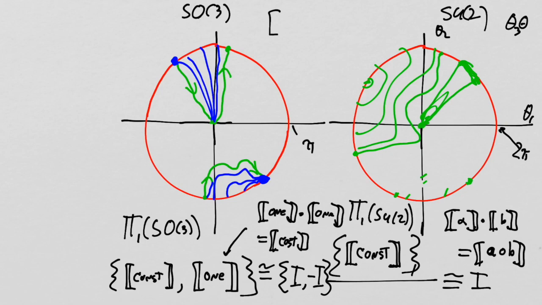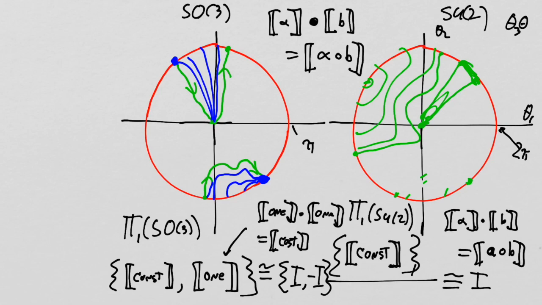Just as a reminder, the equivalence class of all paths that are homotopic to a path alpha, times the equivalence class of all paths that are homotopic to beta, is equal to the equivalence class of all paths that are homotopic to the path beta followed by the path alpha, meaning you follow the beta loop and then you follow the alpha loop.